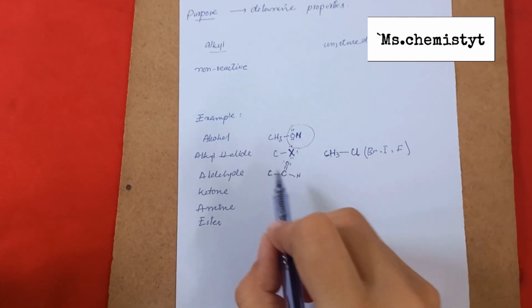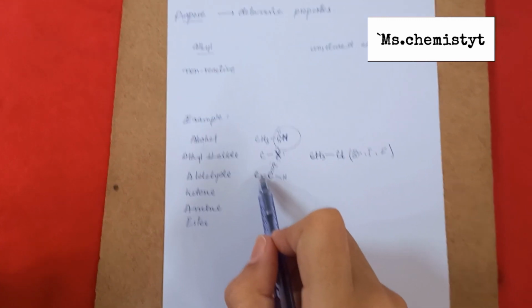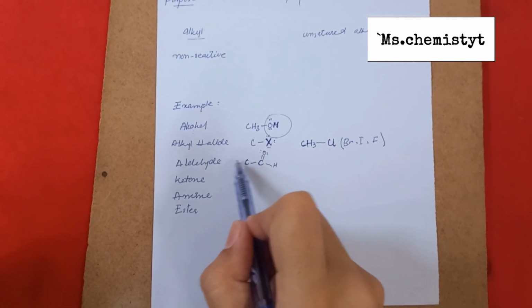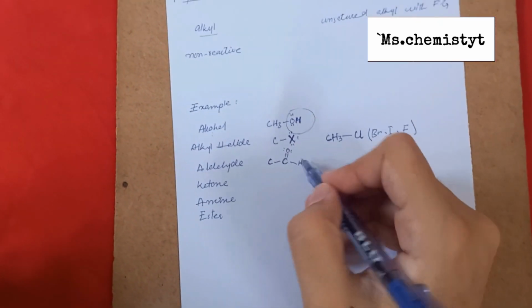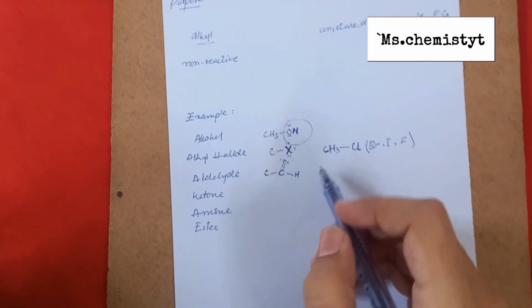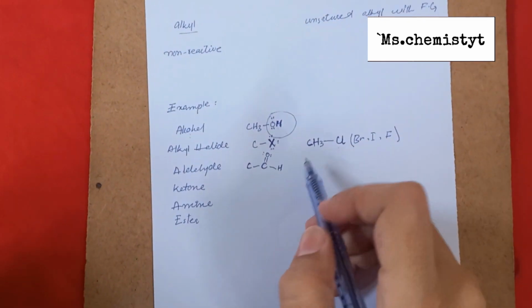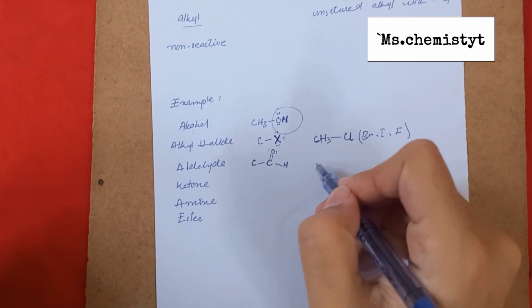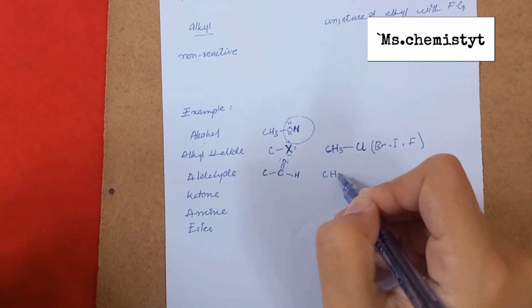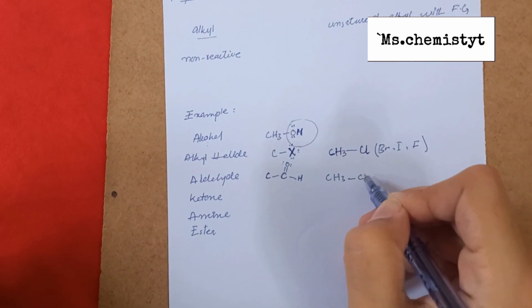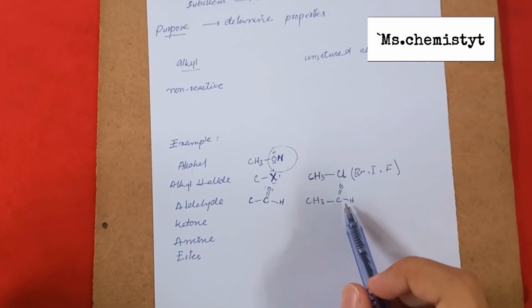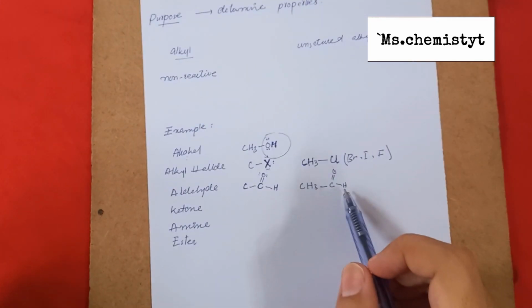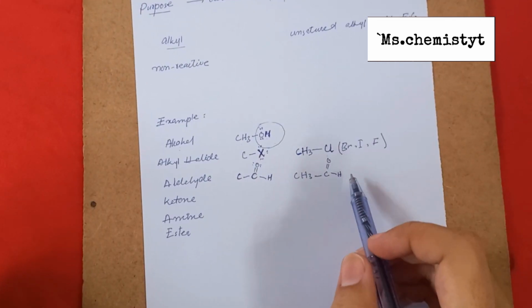These carbons show the alkyl group or any hydrocarbon chain or ring. So if I write the example for aldehyde, this is an example of the aldehyde, and its name is acetaldehyde.